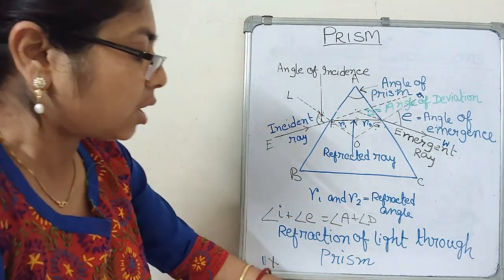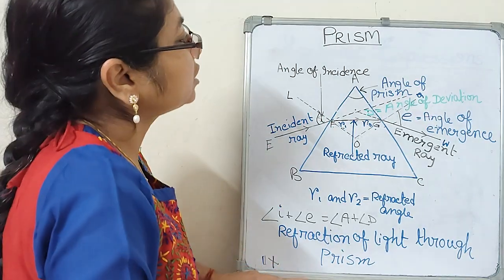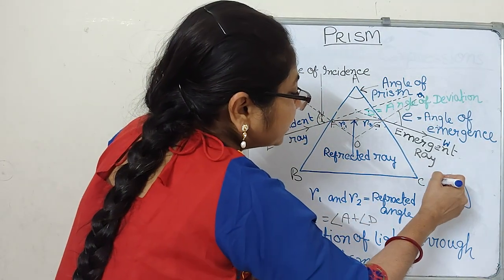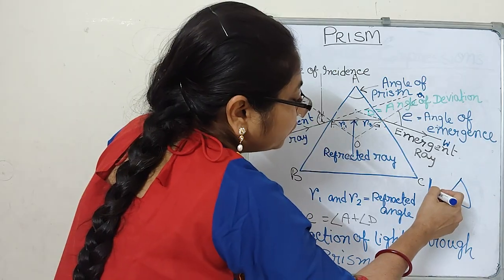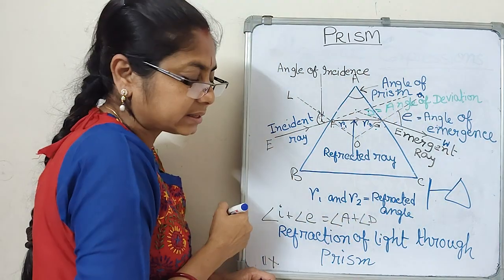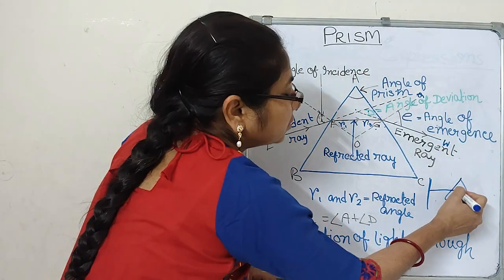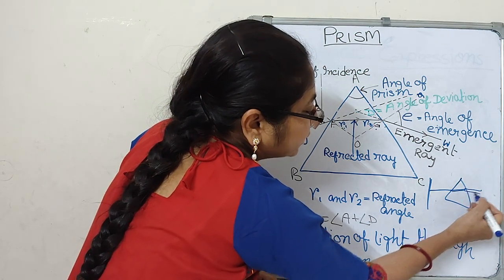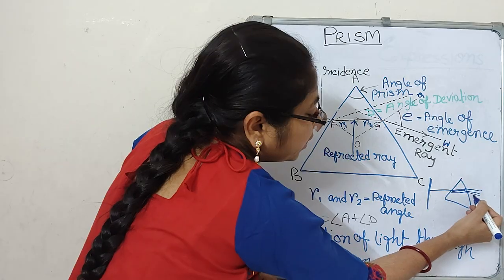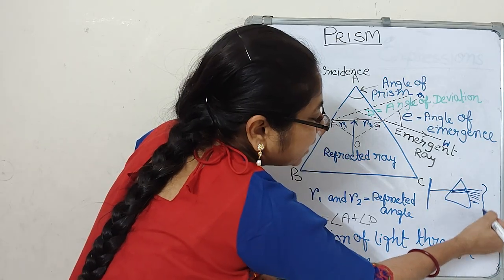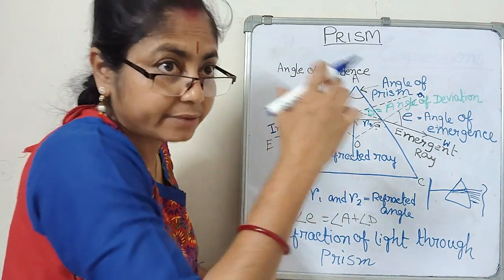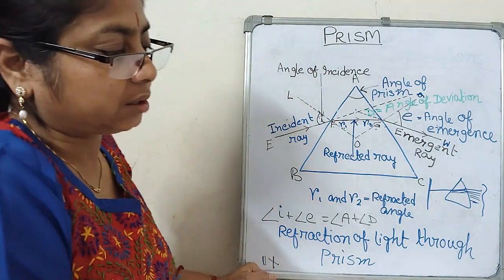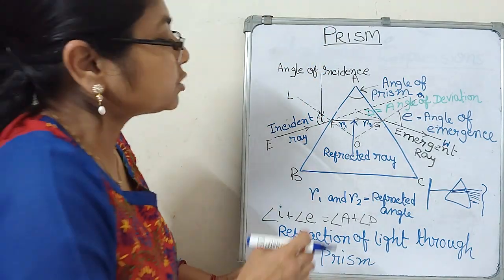In that case, what happens? I draw this one. There is a prism, there is a window, and the light comes in. One ray goes red, another goes another color. There are seven colors, and if you put the seven colors on a screen, it is called the spectrum.